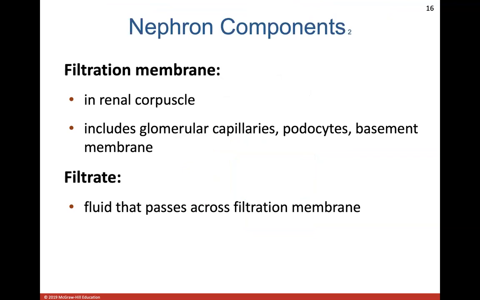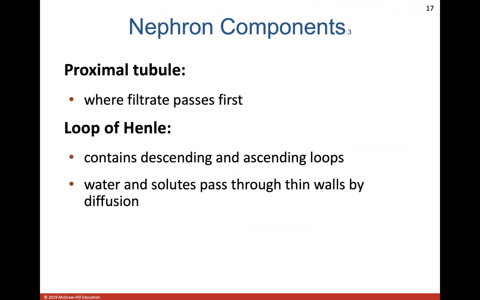So the filtration membrane is our first part of the nephron components. It's in the renal corpuscle. It includes your glomerular capillaries, podocytes, the basement membrane. Filtrate is the name that we give for the fluid that passes across the filtration membrane and then travels into the proximal convoluted tubule, down and up the loop of Henle.